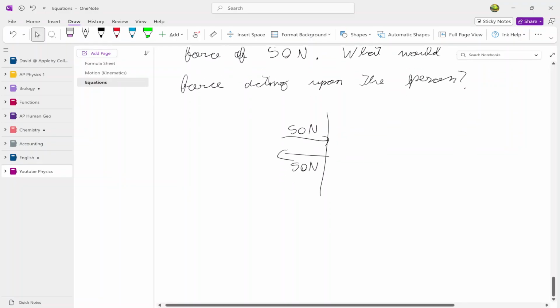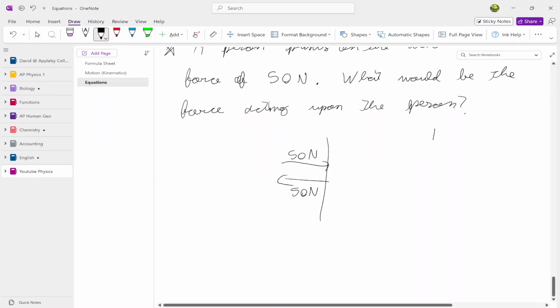And now this is important to remember: force is a vector, okay? It's a result of vectors, so that's why it's a vector.